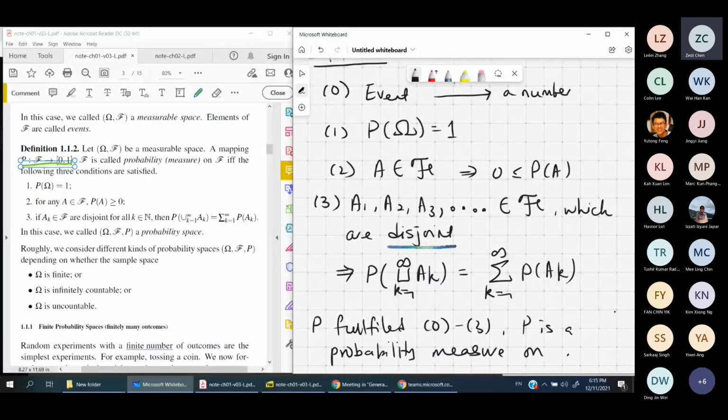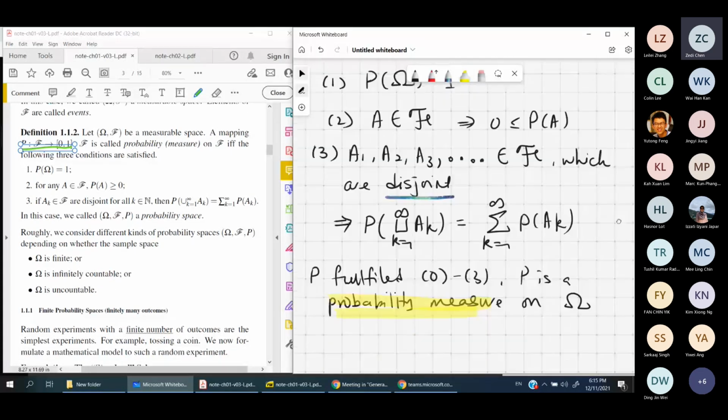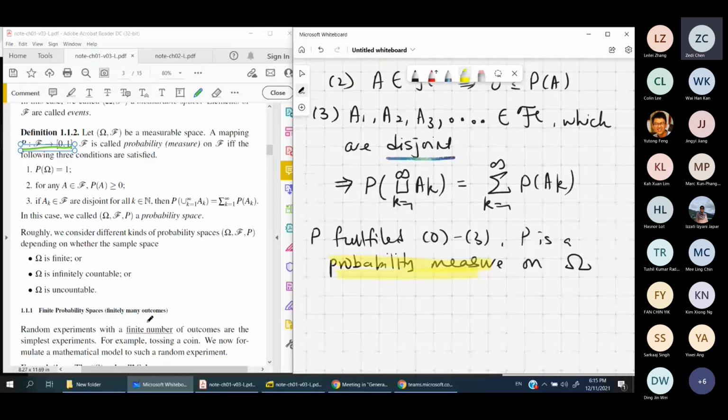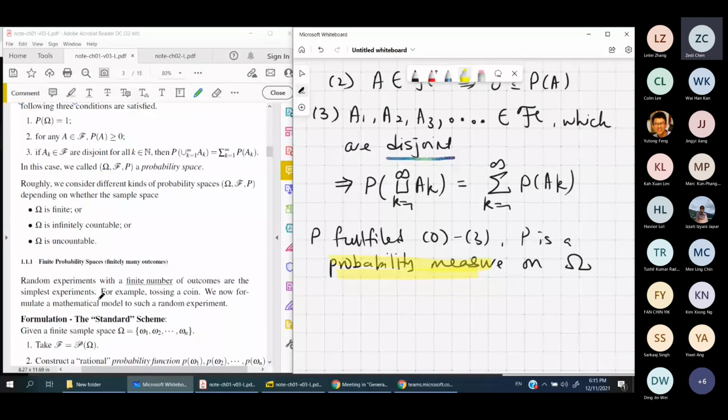To be more precise on our omega, we have these two other main definitions. Next we have to see how to construct the probability space based on the nature of our sample space omega.